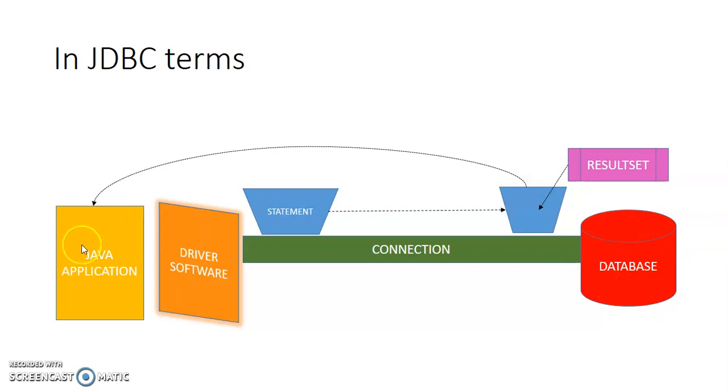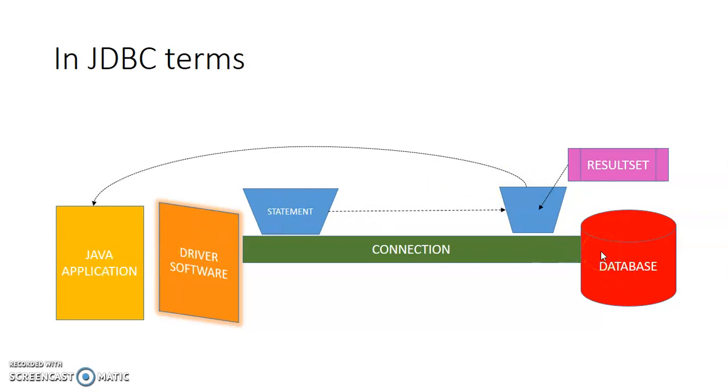Now the Java application wants to communicate with the database, but the Java application cannot communicate with the database directly. Why? Because the language the Java application speaks and the language the database speaks are totally different. They don't know each other's language, so they cannot communicate directly.